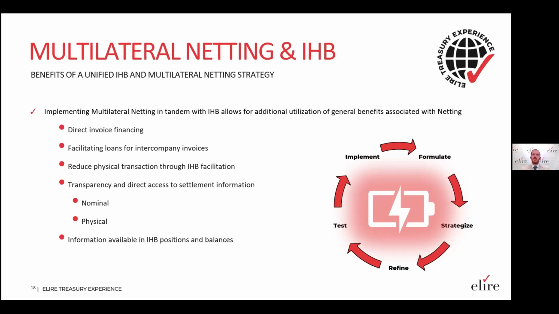And we're also reducing the amount of physical transactions that either need to be pursued externally or through the in-house bank as a whole. It gives us a lot of transparency and direct access to all of our settlement information, whether it's on the nominal or physical sides, or whether it's hitting a cash pool or a ZBA account. And then it allows us to see information available to IHB positions and balances.